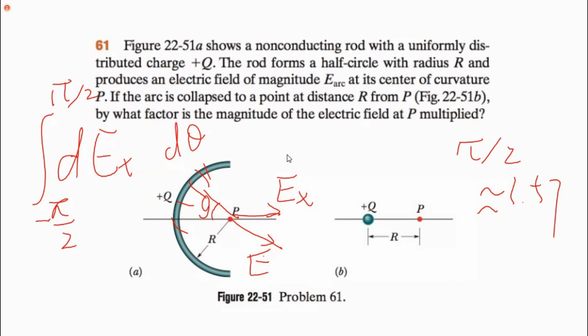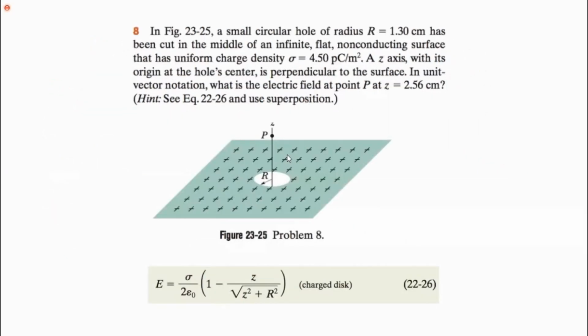Okay, so let's see another one. In this figure, a small circular hole of radius R has been cut in the middle of an infinite flat non-conducting surface that has a uniform charge density of sigma, and there's a z-axis with its origin at the hole center, perpendicular to the surface.